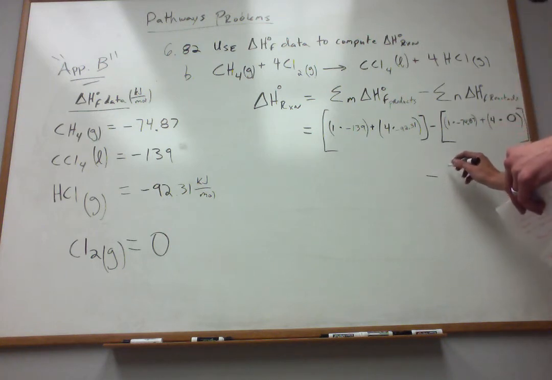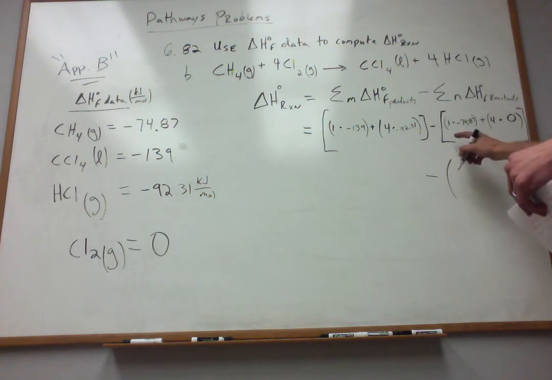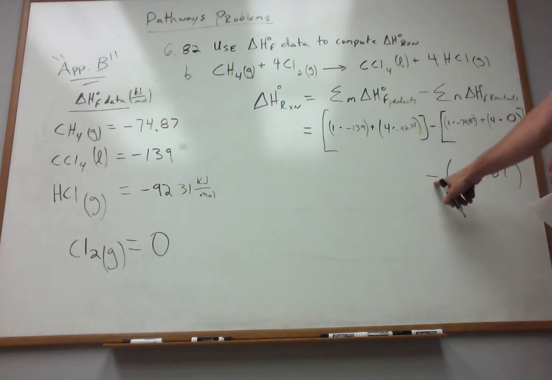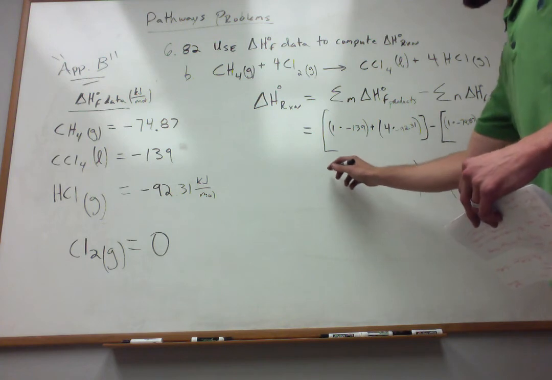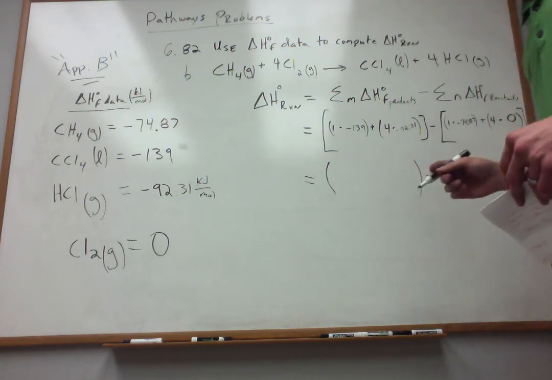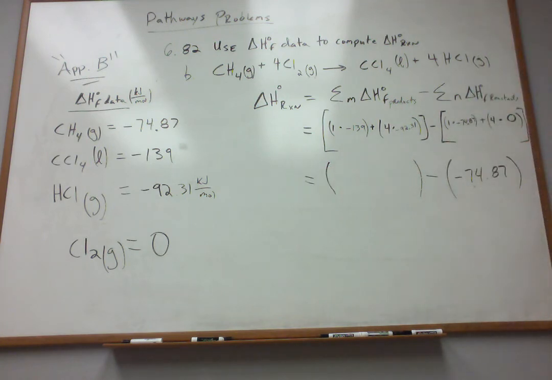So what we have is 1 times the negative 74.87 here. I'm keeping that sign. I'm also keeping this negative sign. Again, got to be really conscious and careful about keeping those signs. I've been there and done that already myself, so I understand how easy it is to lose track of some of the signs.